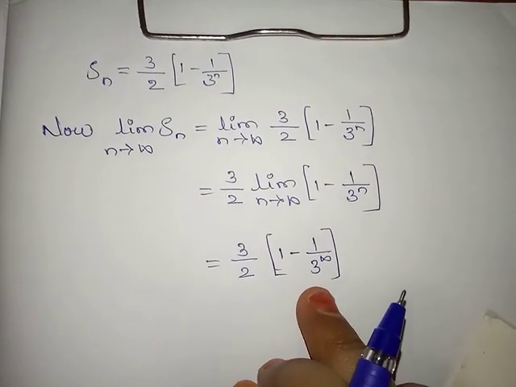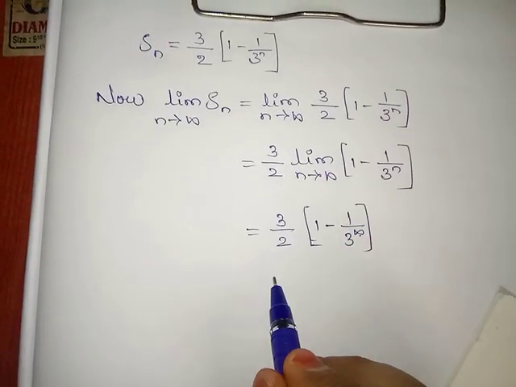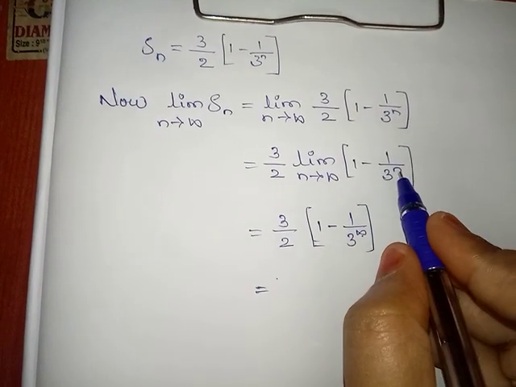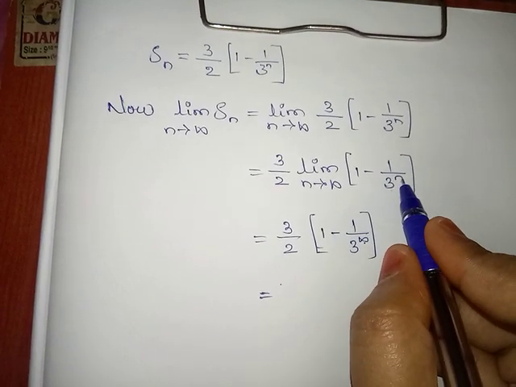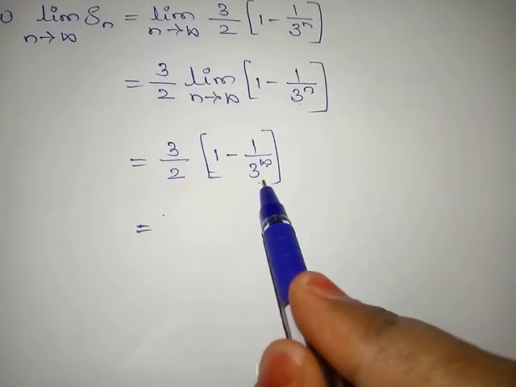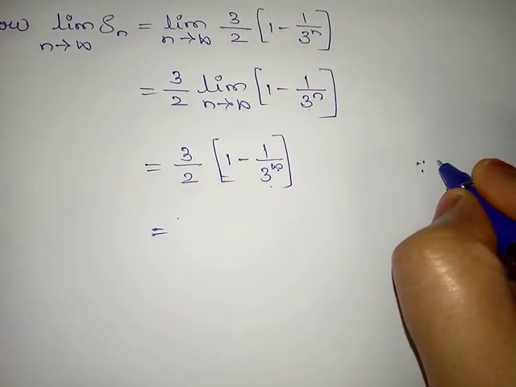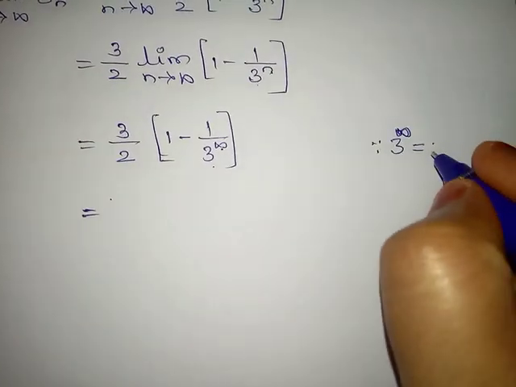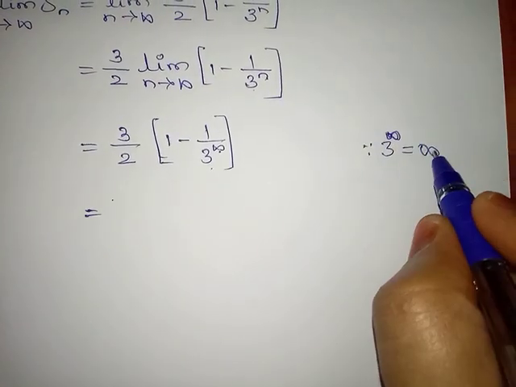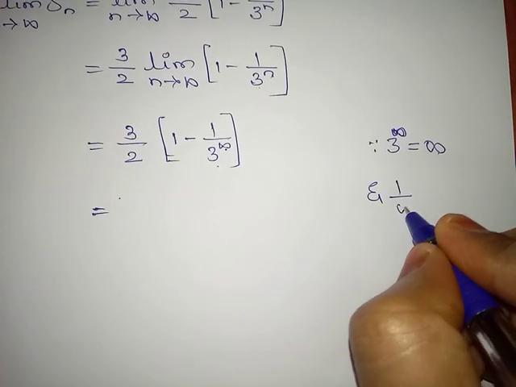Here it is not necessary to write apply limit and after that write the answer. Simply if you know what is the 1 divided by 3 raised to infinity value, we know that anything raised to infinity is infinity, so 3 raised to infinity is infinity, and we know that 1 by infinity is 0.